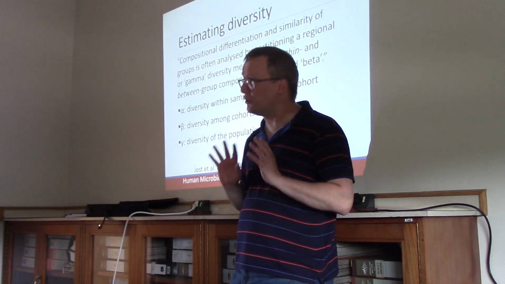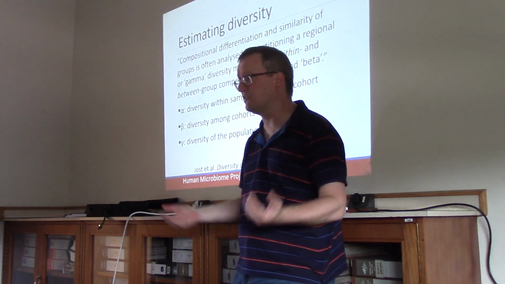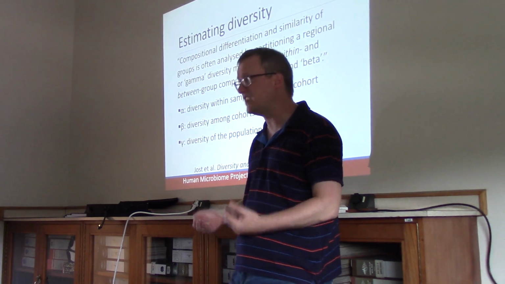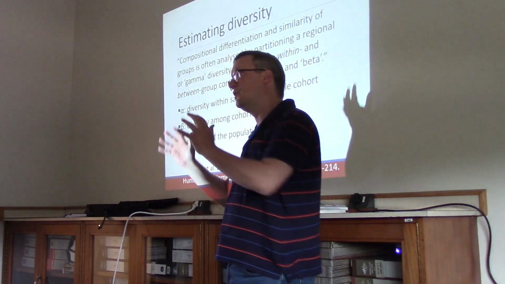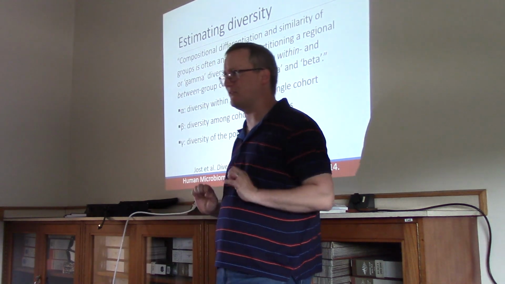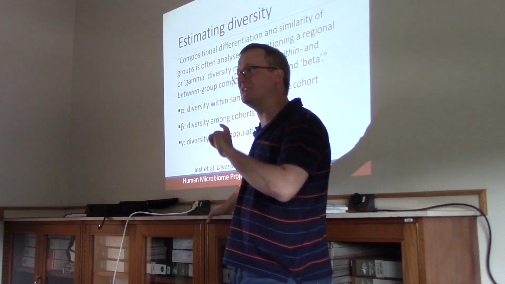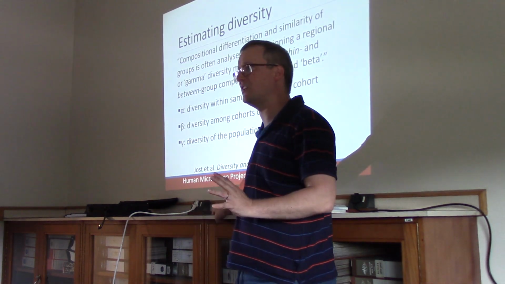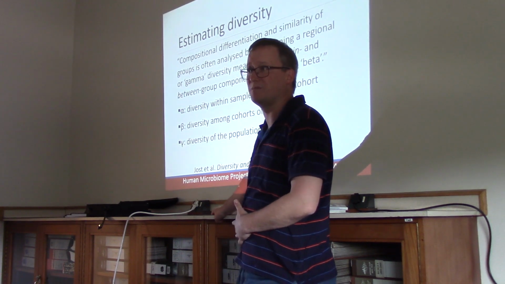So before you go publishing about alpha and beta diversity in a particular organ system or a particular context, I would strongly urge you to see where they set their bounds on what alpha diversity versus beta diversity is. Generally speaking, as soon as you are comparing among different people, beta diversity is already in play when we're talking about their internal organ system microbiomes.